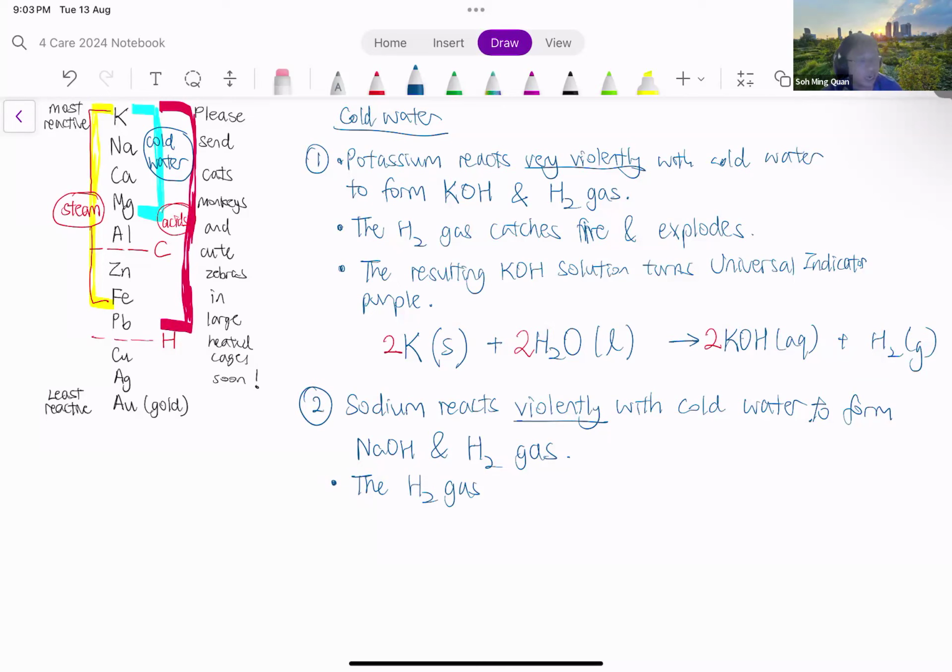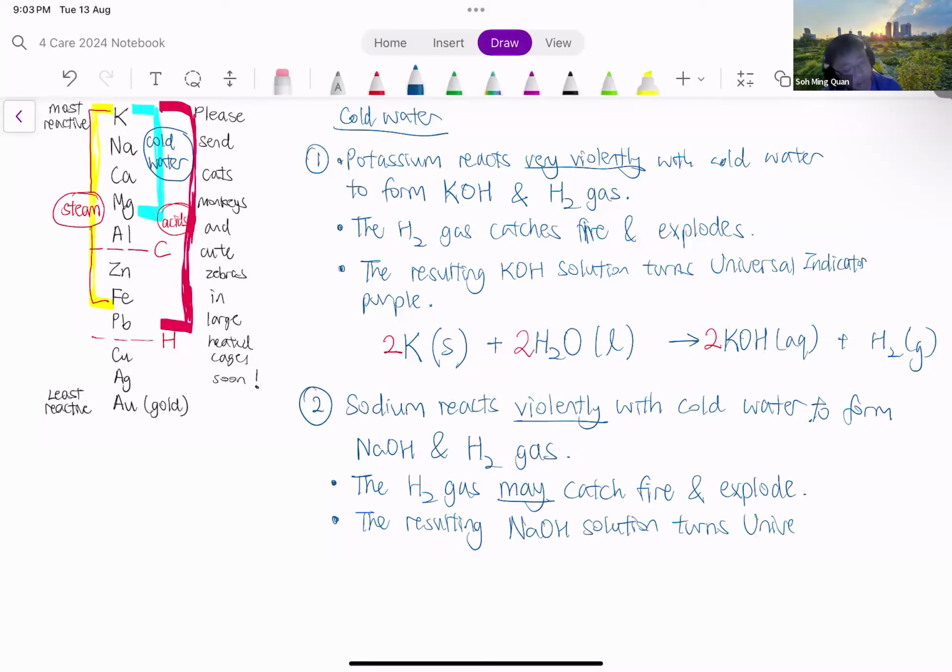So the hydrogen gas may catch fire and explode. Right? So it may catch fire and explode. It's not definite, right? And of course, sodium hydroxide is one of the alkalis you always use for QA in the lab. So the resulting sodium hydroxide also has a pH of 14, so it turns universal indicator purple.